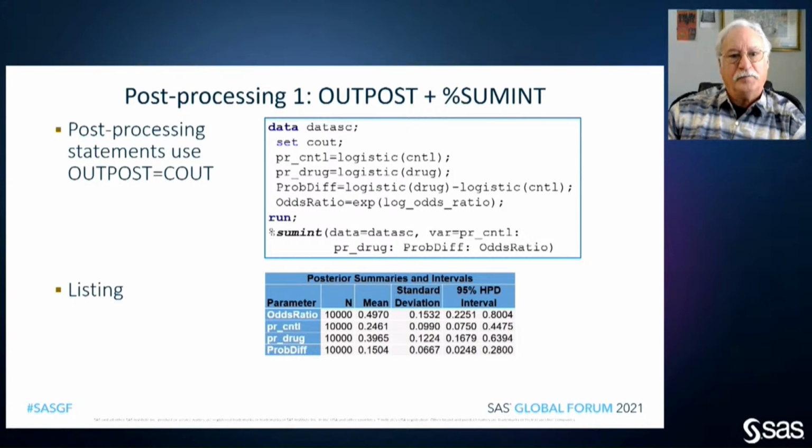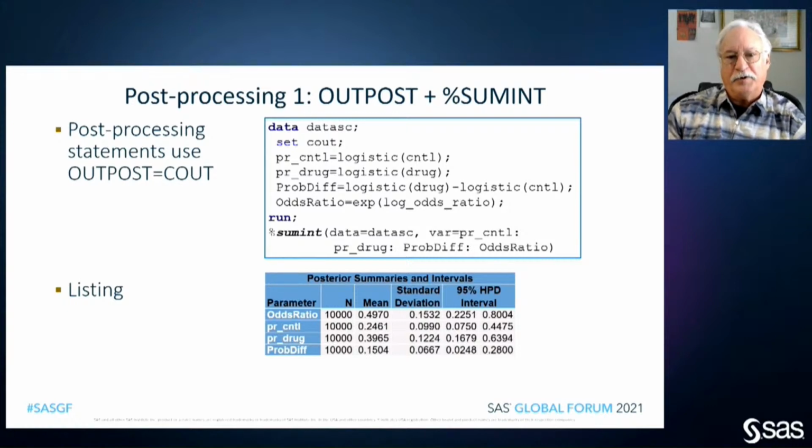With outpost, we output a data set called Cout. Then we can do a little bit of post-processing. If we want the probability of the control, we apply the logistic function to the control variable that we calculated with the estimate statement. For the probability of a drug, we do the same thing with the drug part of the estimate statement.